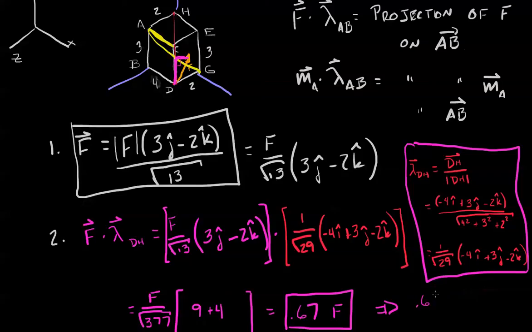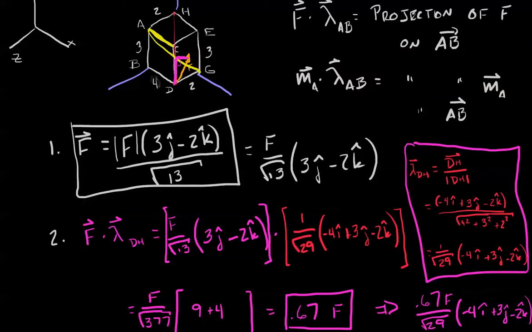It'd look like 0.67F square root of 29 over square root of 29. And we could simplify that too if we wanted to, or not simplify, but calculate that out so we just have one term in front of the F. And that is the vector force F along DH. Hopefully that's what you ended up with.